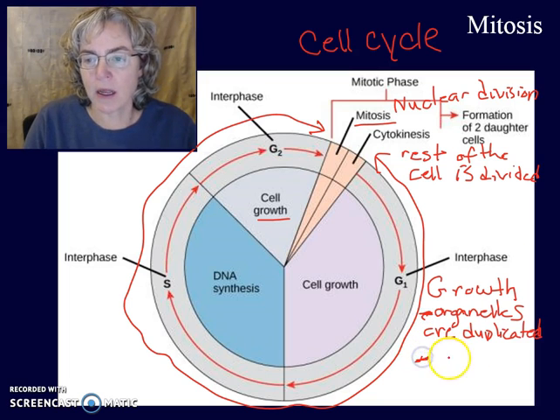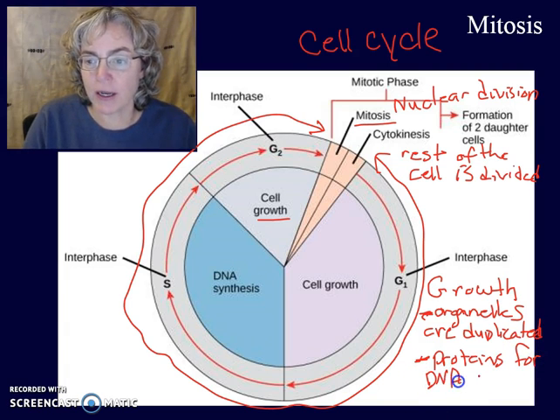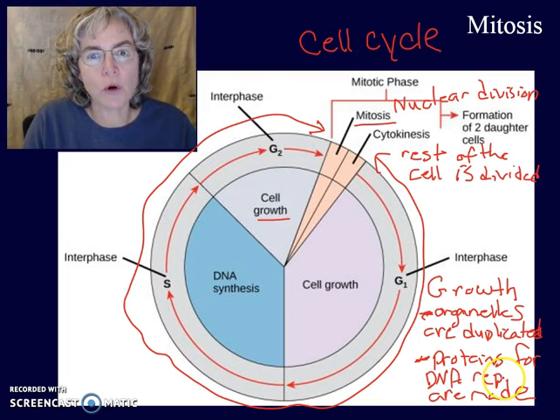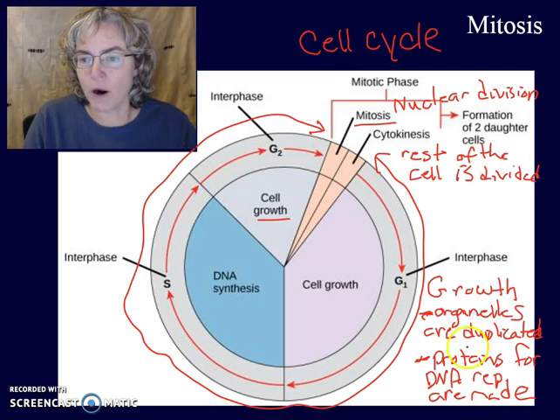And the proteins for DNA synthesis are made. So proteins for DNA replication are made. There's more going on too, but these are some of the really important things we need to talk about right now.